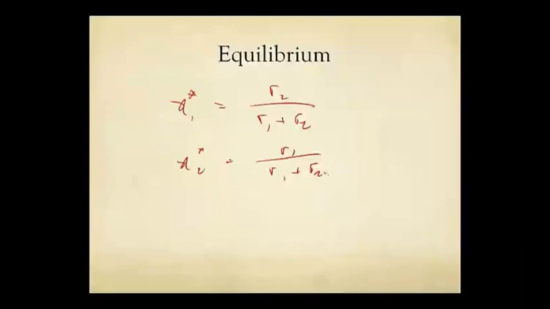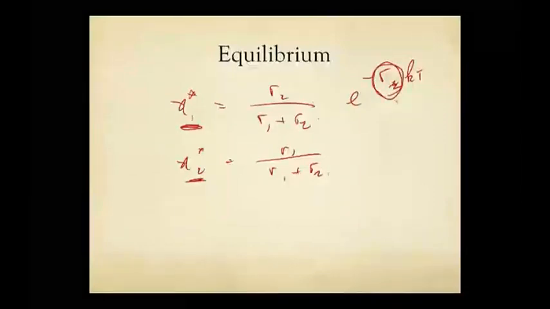In other words, at equilibrium, the kind of resource that you get for the two users is basically dependent on the relative bargaining power of the other user. The denominator is the same, r1 plus r2. Okay, it's the sum of the bargaining power. But if the second user has a lot of bargaining power, that means its decay of utility, remember, it's exponential e to the minus r2 kt, this is a very small number.